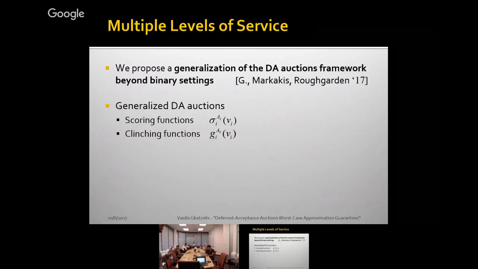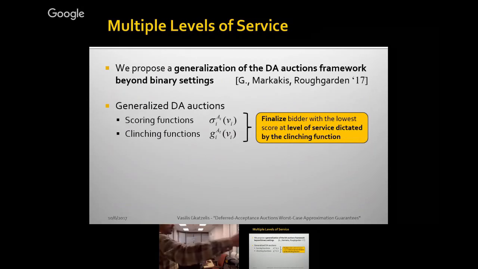We have this function G_i, which at any given round tells you, if you were to be finalized right now (we don't call it rejected anymore, we call it finalized), what level of service you've clinched already. So you start with 0 at the beginning, but as you stick around through the auction, this clinching function goes up and says, now if you were to be finalized, you already got this item, now you got 2 items or 3 items, or whatever the type of service is. So it gradually gets better and better.